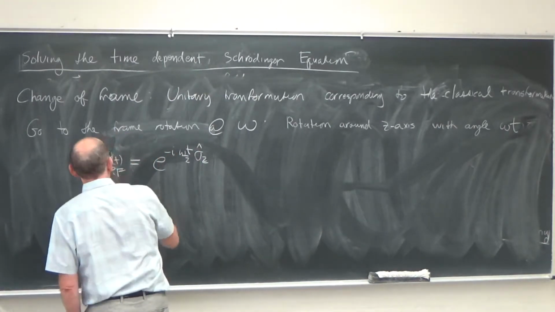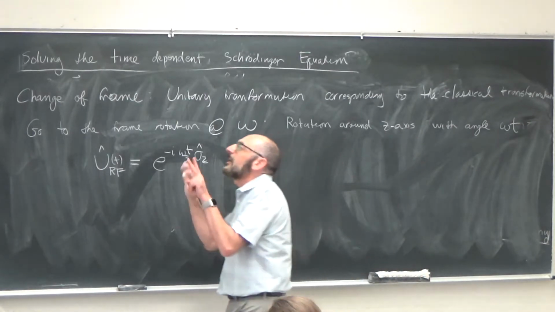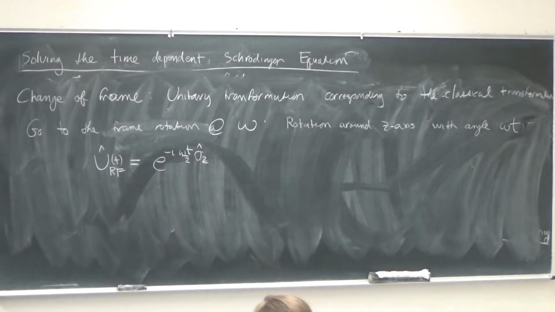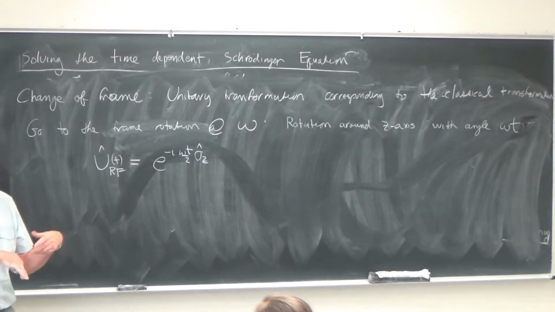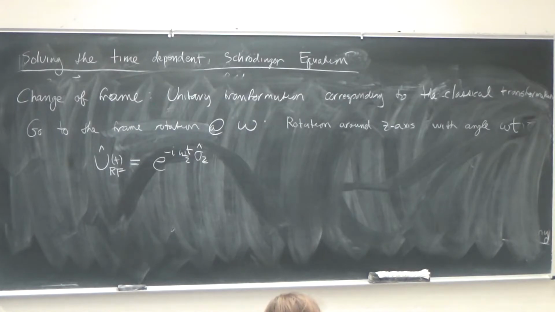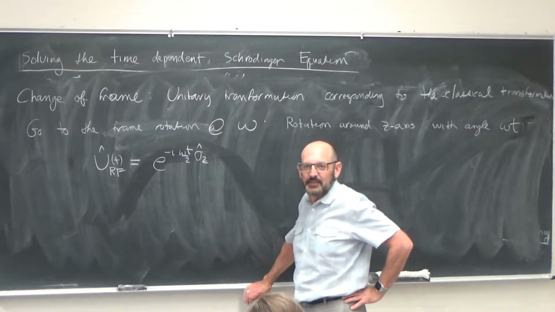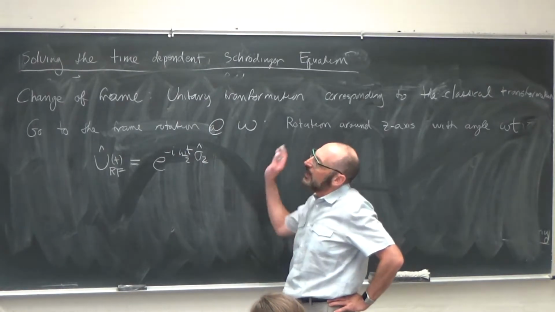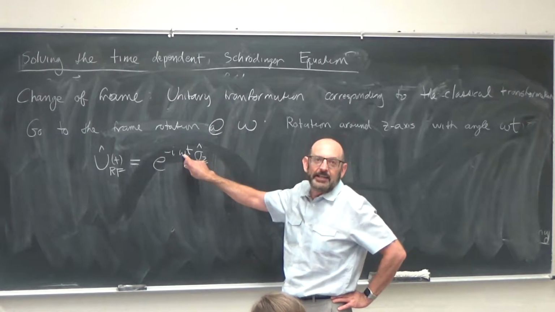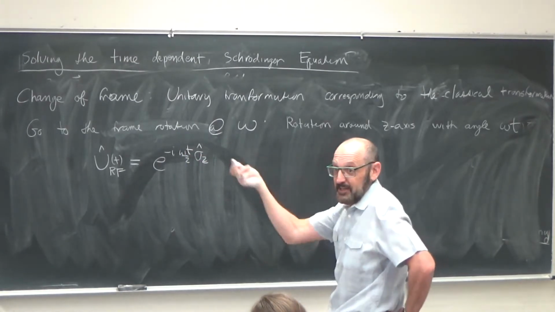And so now, going to a change of frame is like going to a different picture. You may remember from your studies in 521 and 522 about the Schrödinger picture, the Heisenberg picture, and the interaction picture. This is a kind of form of the interaction picture, although it's not the interaction picture. It's a close cousin. Okay? In the interaction picture you take out the free evolution, that would be an omega naught. But this is not omega naught, this is going to the frame rotation of this.